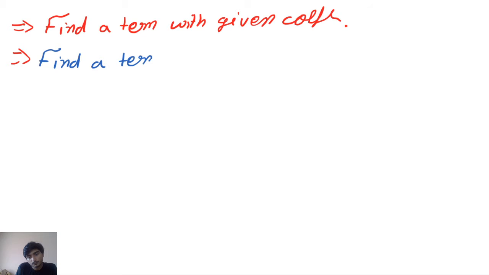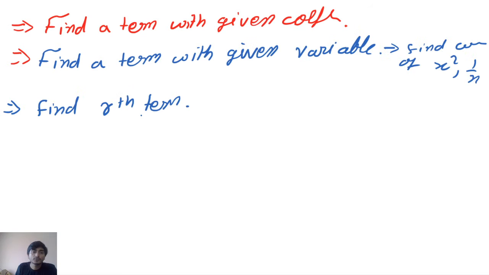Okay, then they can ask you to find the rth term. Okay, so when they talk about the rth term, it directly means that they can ask you any term from 1 to 5. Whenever it is to the power 4, the total number of terms is 5. So the maximum they can ask you is r equal to n plus 1, that's all. Okay, so find the rth term, right?